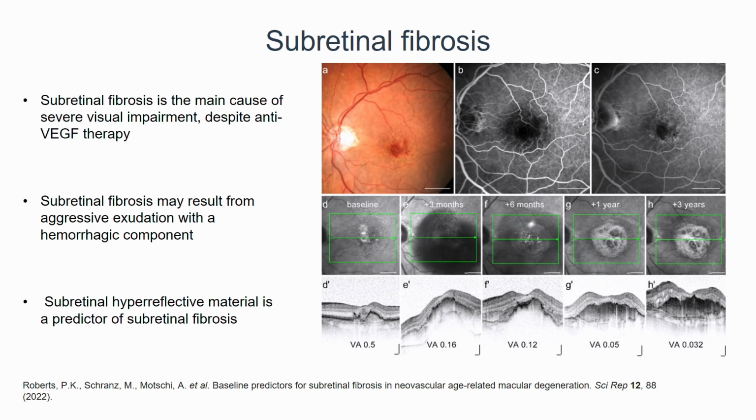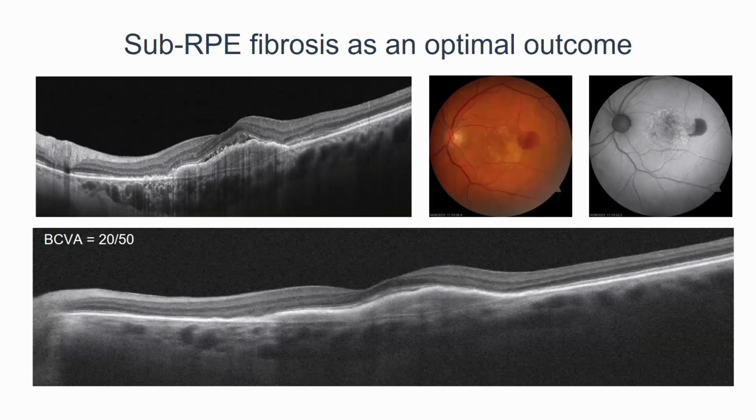And it's a main reason of severe and unfortunately irreversible loss of visual acuity in patients with AMD, regardless of the ongoing anti-angiogenic treatment. And speaking more about the fibrotic story, I want to have a common understanding with you. It's not always bad when we speak about fibrin and subretinal bleed.